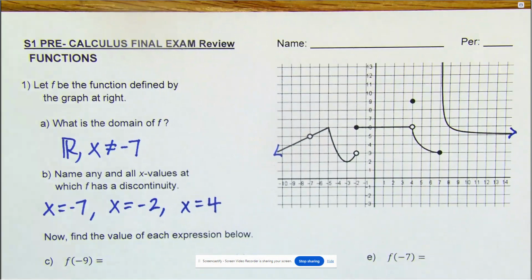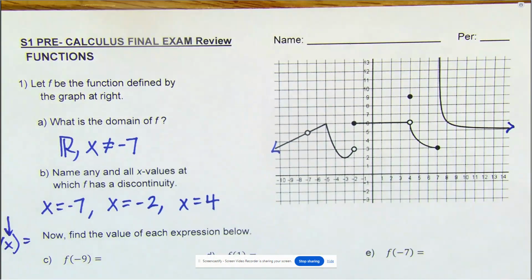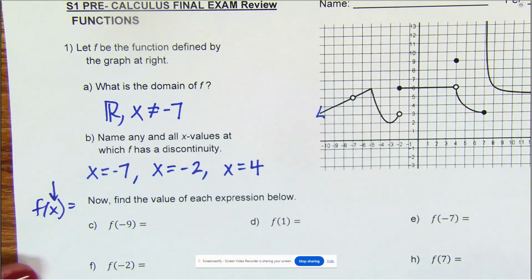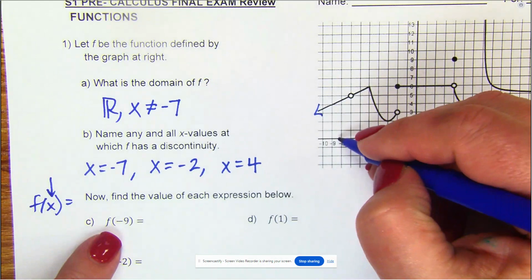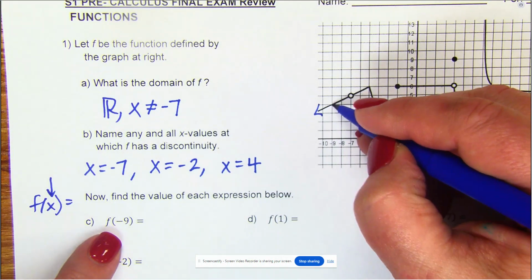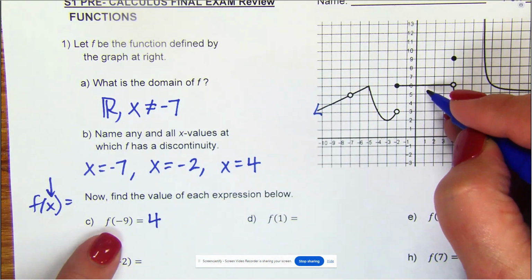Find the value of each expression below. F of X equals this number in here. They're giving me the X value, and I'm supposed to get the output. So I just go to the X axis at negative 9, and I get 4. 1, 6.